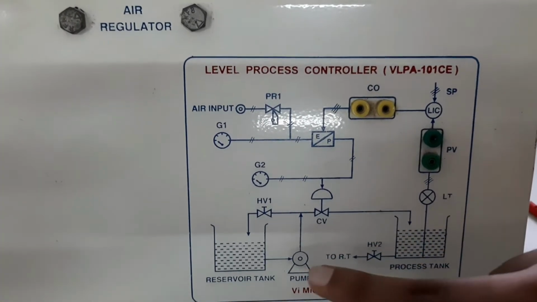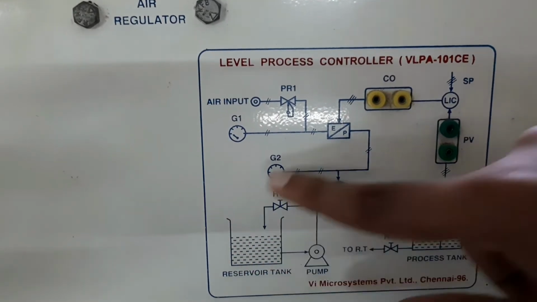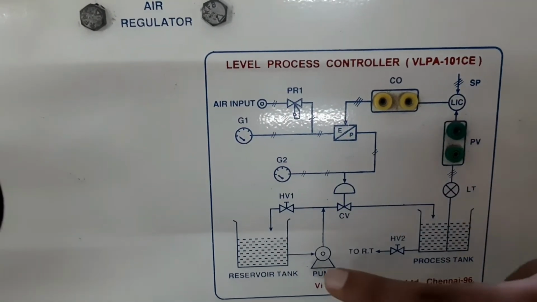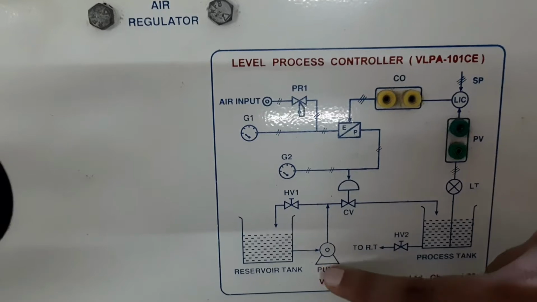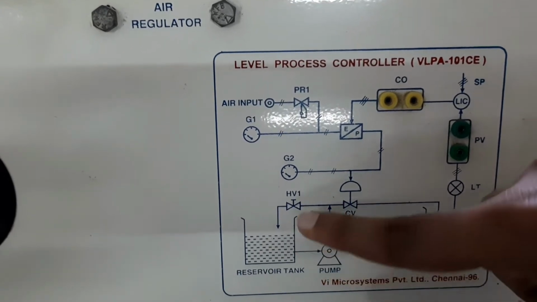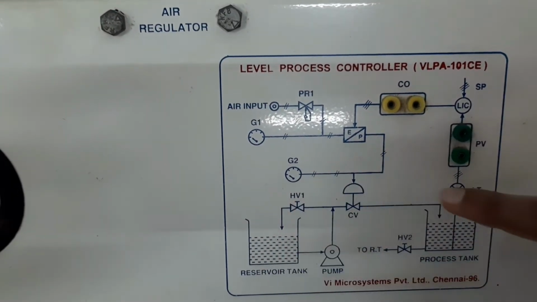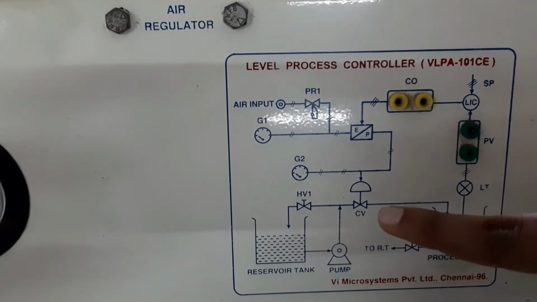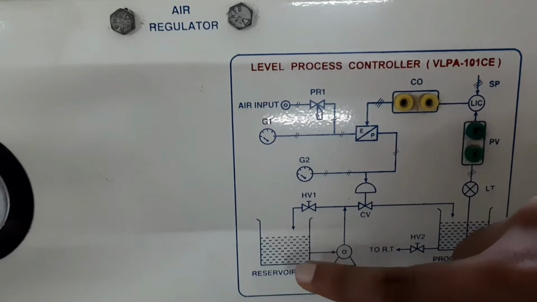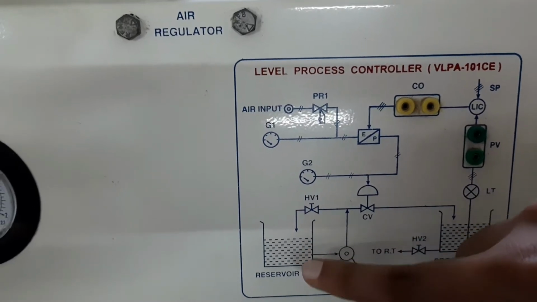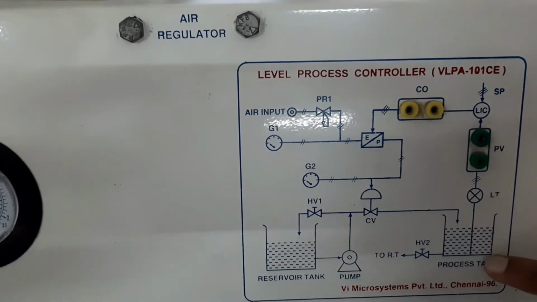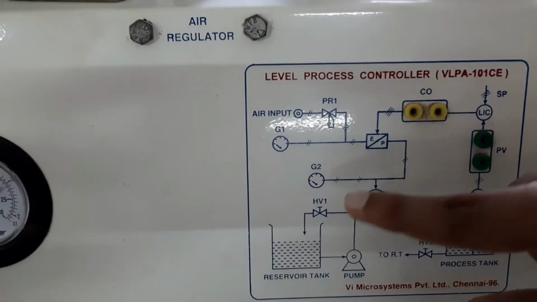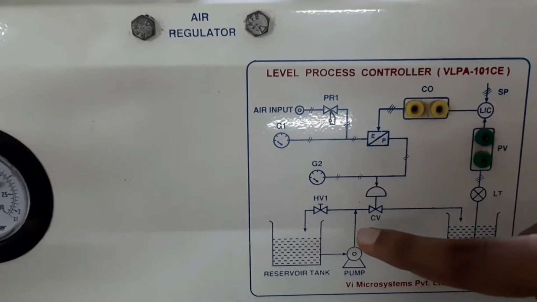In order to take the water from the reservoir tank to the process tank, we have a pump here. The pump will enable the water to move from the reservoir tank to the process tank, and we don't want the water to be taken without any control, but we need the water to be taken in a controlled fashion.